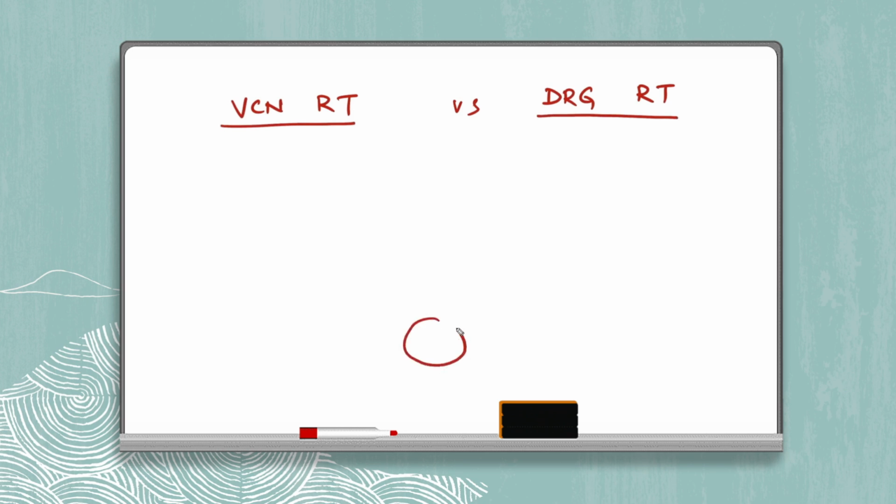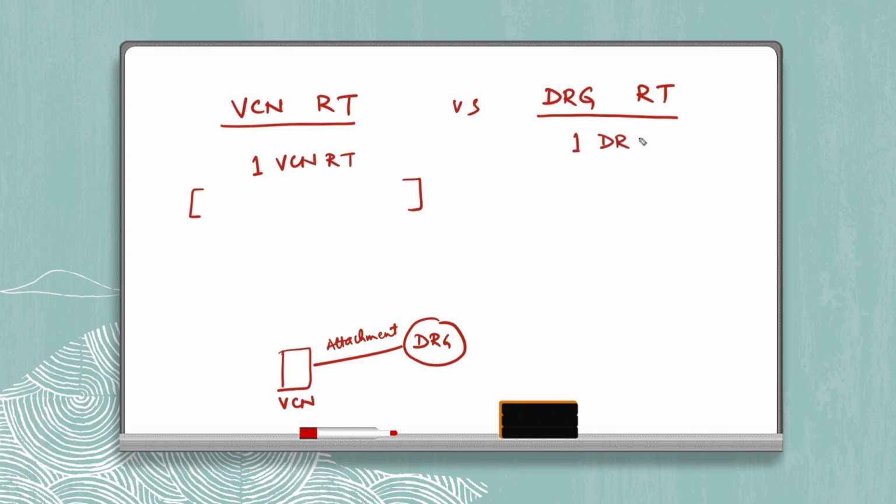So whenever you configure a VCN attachment, let's say this is a VCN and this is an attachment, primarily there are two route tables, one VCN route table and one DRG route table.